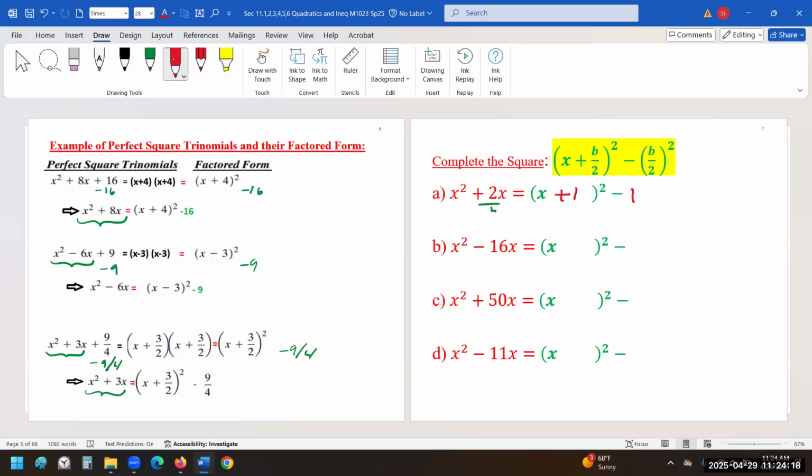Who would like to do B? What goes inside the square if you have x squared minus 16x? Sergio? Minus, because B is minus, right? So we take half of that amount, which is minus 8. And then what do you subtract?